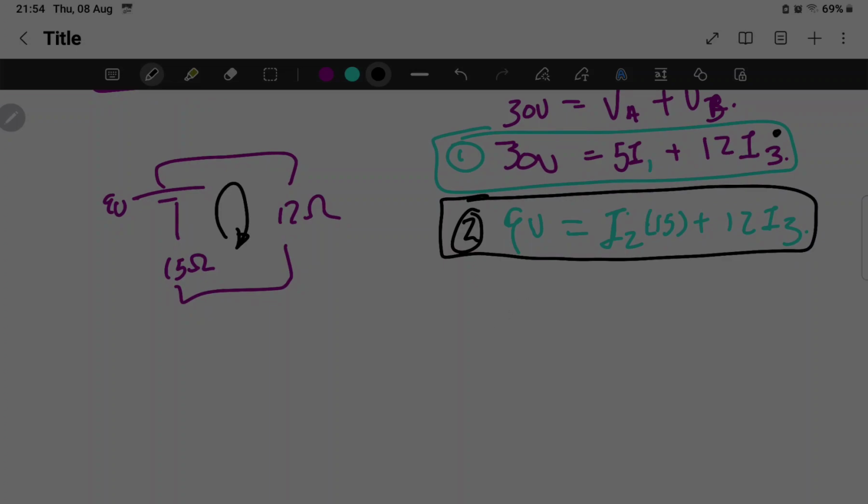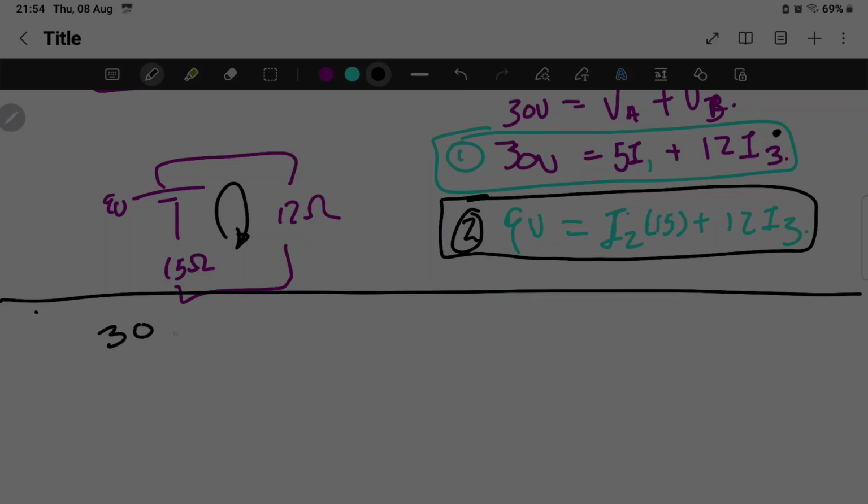When we unpack that, we have our 2 equations. 30 volts equals 5 plus 12, which is 17, I1, plus 12 I2.